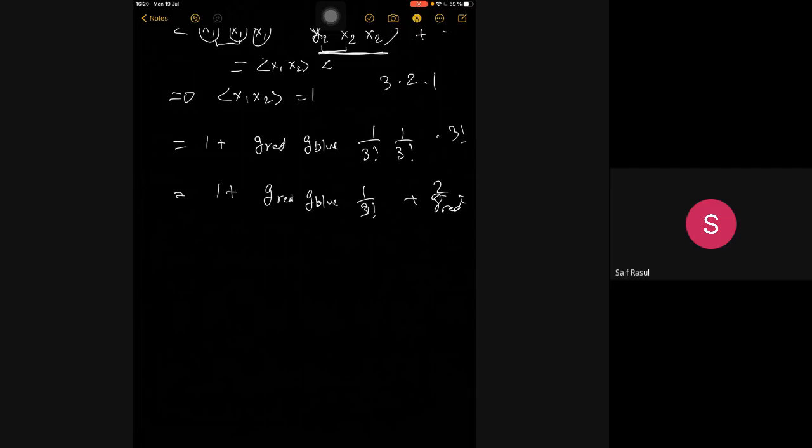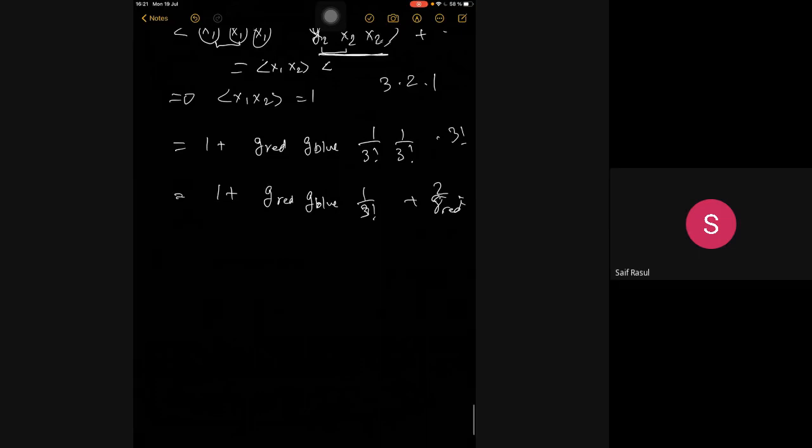Oh, by the way, you can't have a G squared red with a G blue, because you have to have the same number of red and blue, right? You can have G squared red and G squared blue, but you can't have different numbers of the two, because then there wouldn't be enough connections.